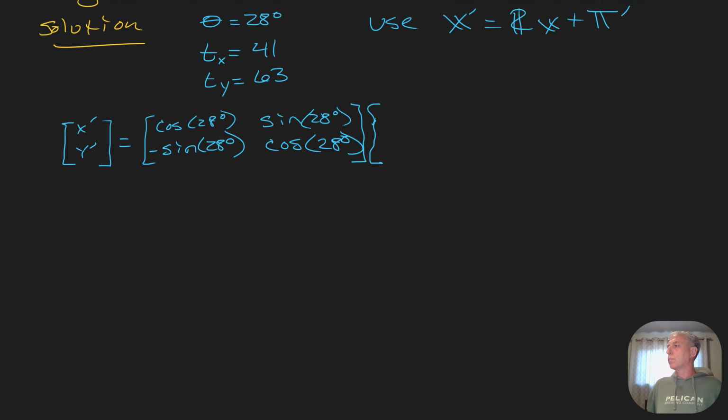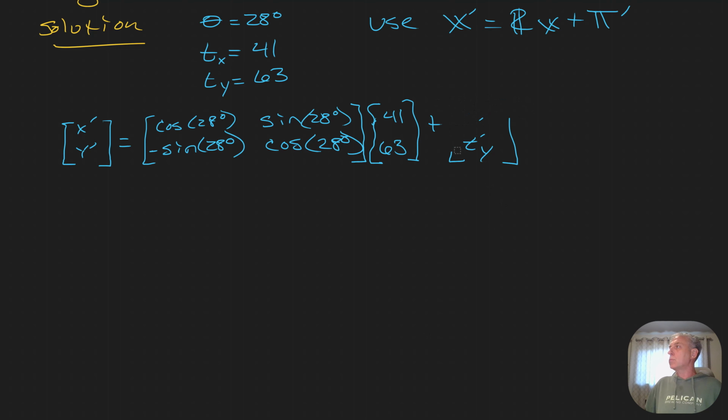So 41, 63 plus t prime x and t prime y. But I can just replace that with tx prime and ty prime because we don't know what those are yet. We'd have to derive those.